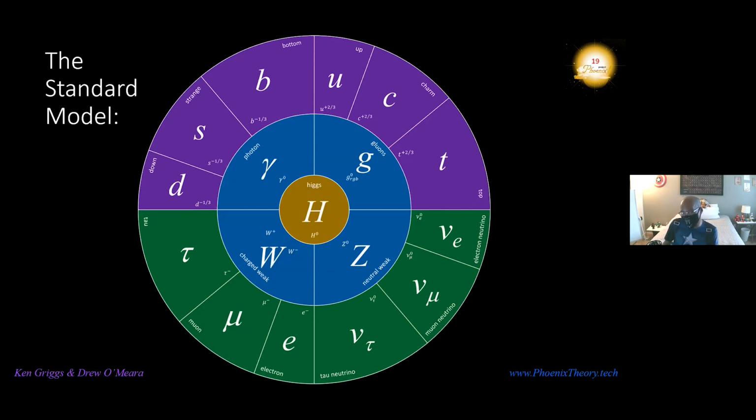And what we want to represent here is how you designate the down, the strange, the bottom, which are these -1/3 quarks, and the up, the charm and the top, which are the +2/3 quarks, and the electron neutrino, the muon neutrino, the tau neutrino, as well as the electron, the muon, and the tau, and this wonderful inner circle of the photon, the gluons, the vector weak particles of the Z naught and the W plus and the W minus, and most of all, the Higgs particle.